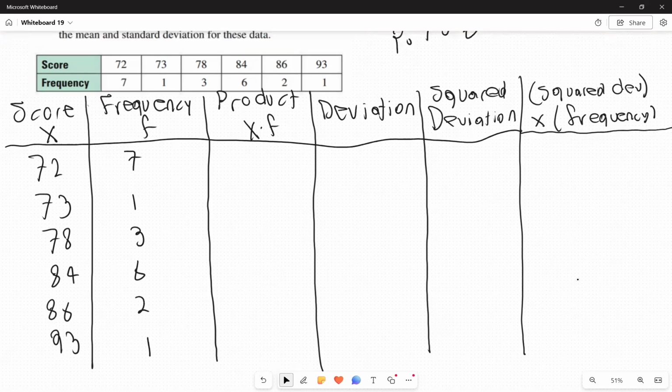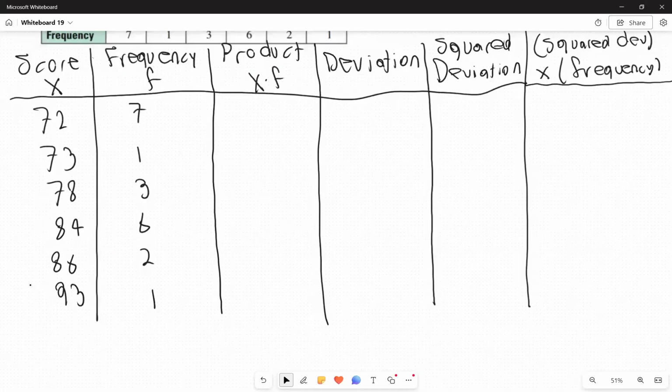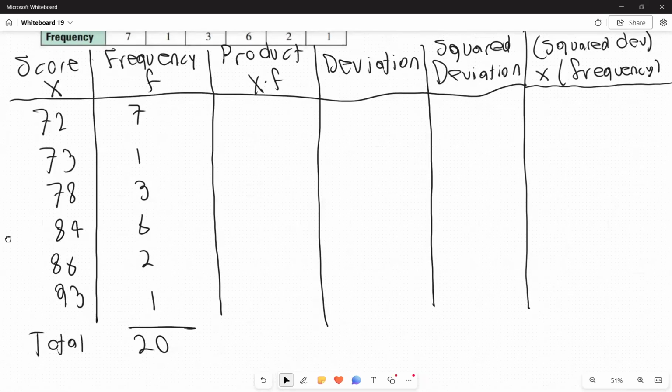To find the mean of a frequency distribution, we add the products of the score and the frequency over the sum of the frequencies. The sum of the frequencies is 20, that is, 20 people took this paramedics test.